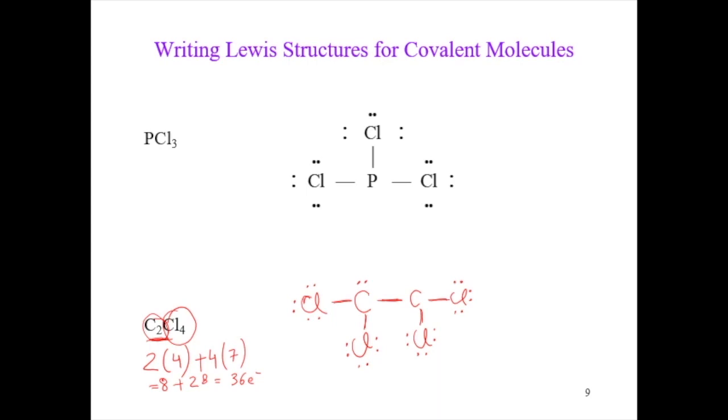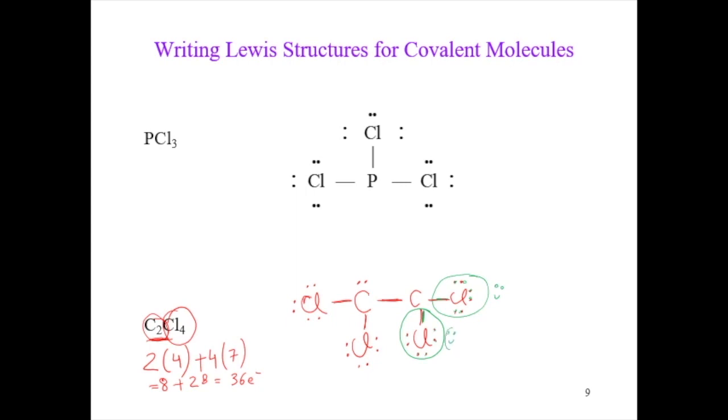So now let's see if each of these atoms is happy with the electron distribution. This chlorine right here has 1, 2, 3, 4, 5, 6, 7, 8 electrons. So this is happy. How about this? It has 2 electrons right here, 3, 4, 5, 6, 7, 8. This is also happy.